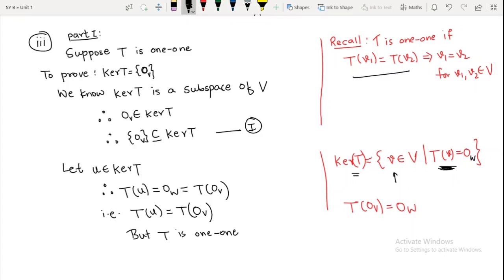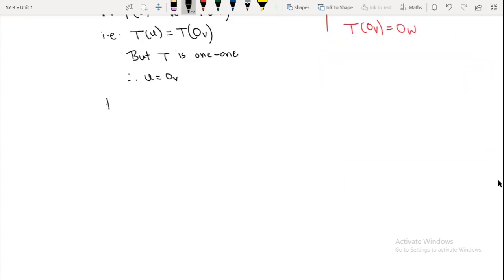So therefore this u should be equal to 0_v. But where does this 0_v belong? This belongs to the singleton {0_v}, right? But this 0_v is nothing but u, so therefore this u belongs to the singleton {0_v}.